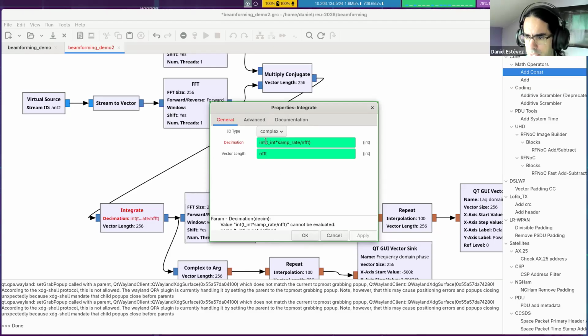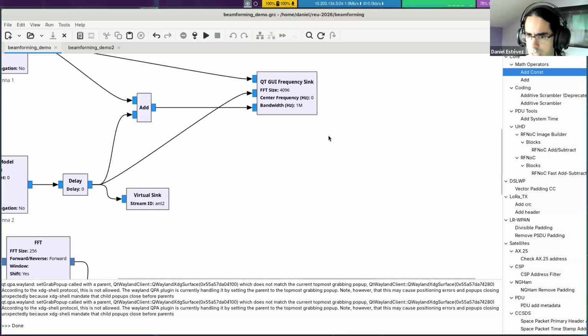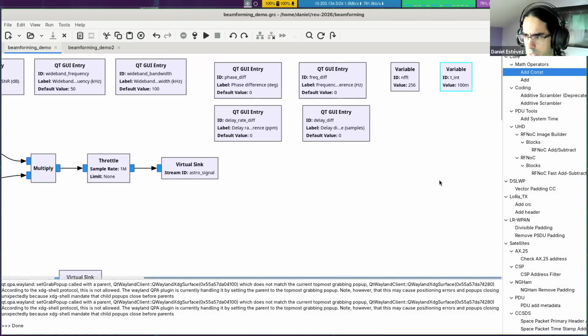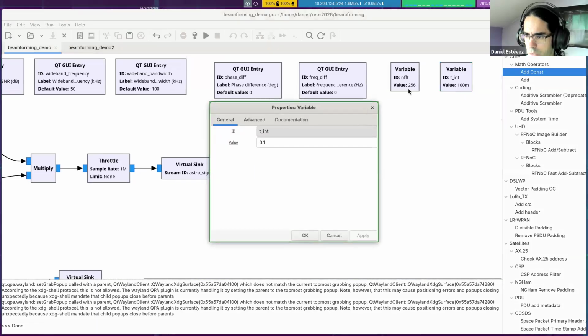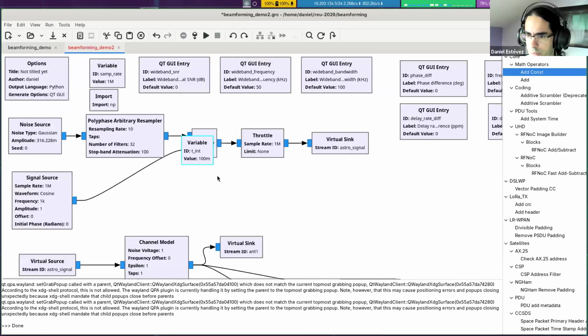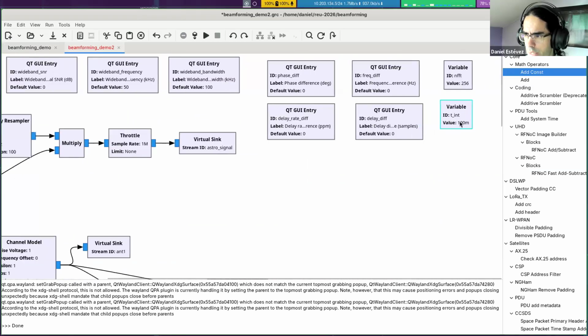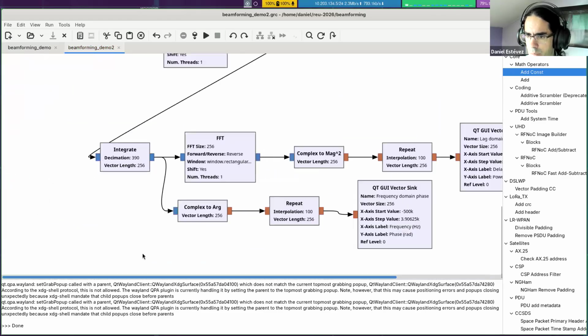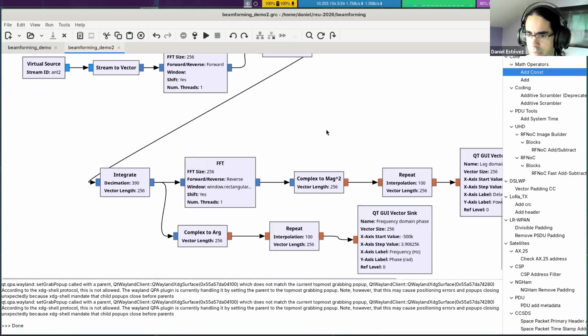I think I'm missing this t-int variable, which is probably 1 second or something like that. I don't know where I put it. 100 milliseconds, so 0.1 seconds. I just want a reasonable refresh rate on this for demonstration purposes.